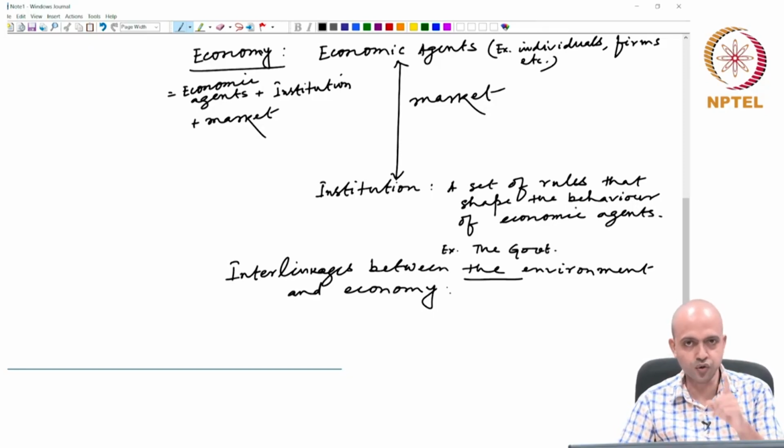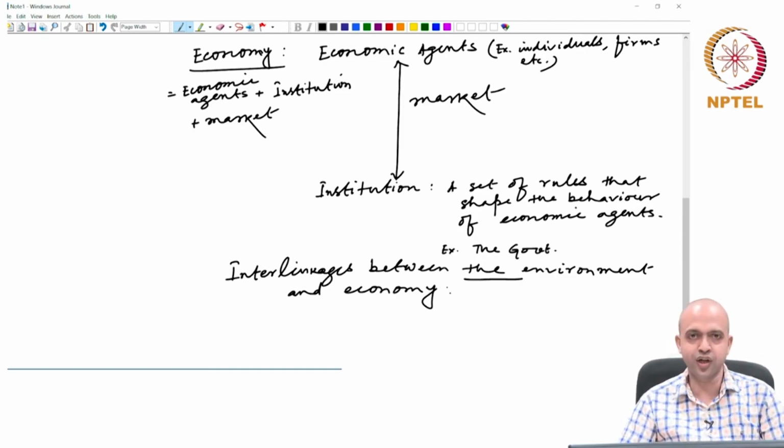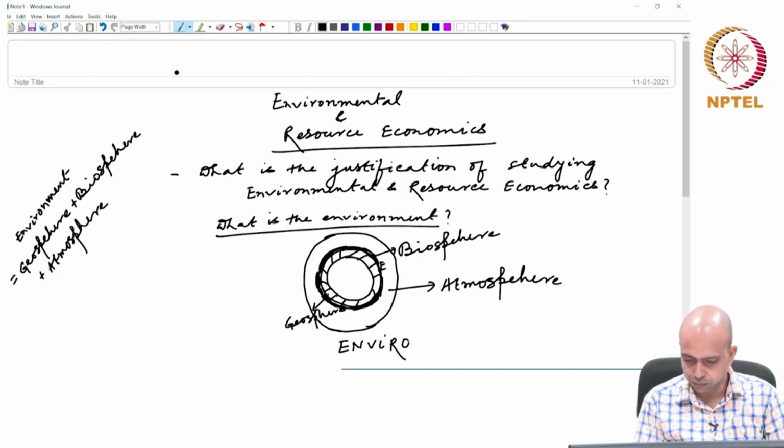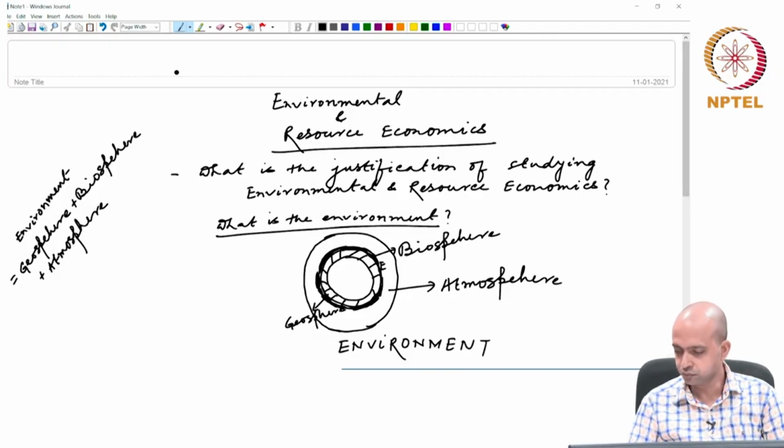But all these economies are interacting with only one environment. That is why this is called the environment. And what is that environment? This is the environment we are talking about.